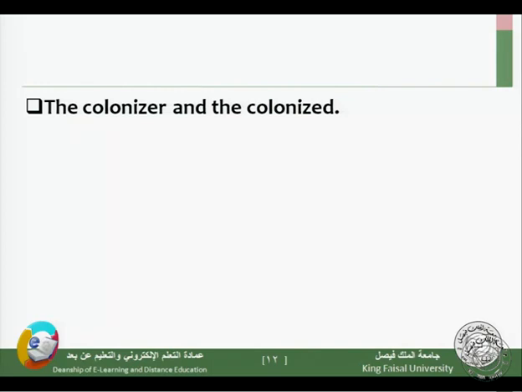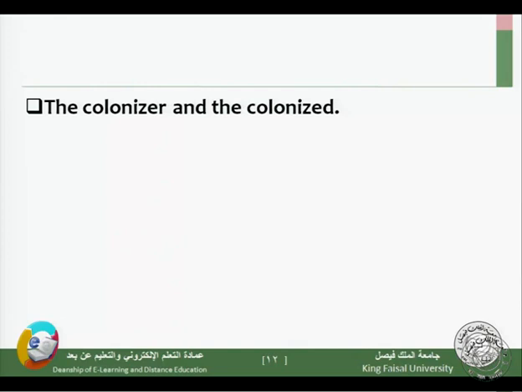In this case, we have two classes of people. We have the colonizer, that is to say the British, and we also have the colonized, the Egyptians. In the same way, you could say the British and the Indians, the British and the Nigerians, the French and the Algerians, the Libyans and the Italians, the Congo and the Belgians. Do you understand?